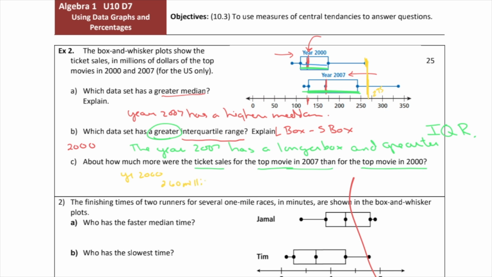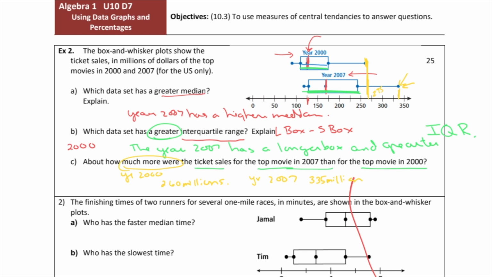So we're next going to look at the second whisker for the year 2007. Here's the whisker I'm pointing at. That looks like it's at 335 million. Now remember to answer the question, how much more were the tickets?